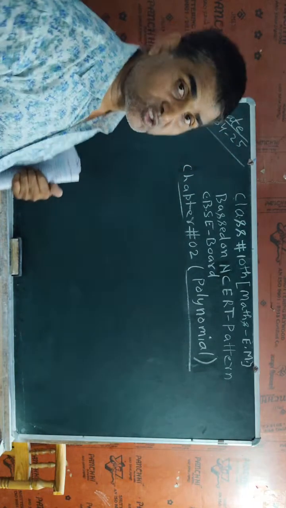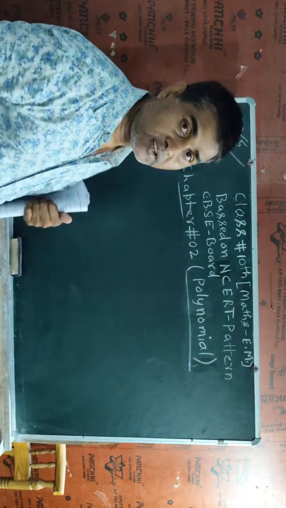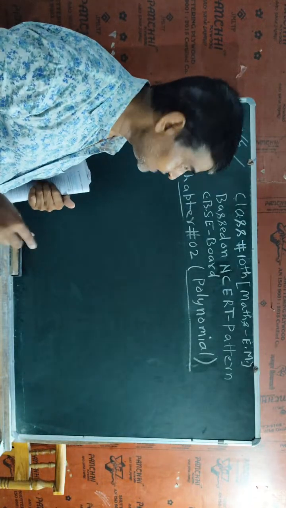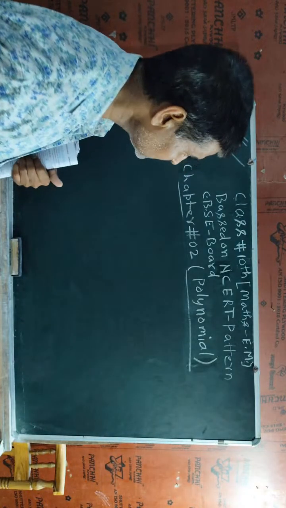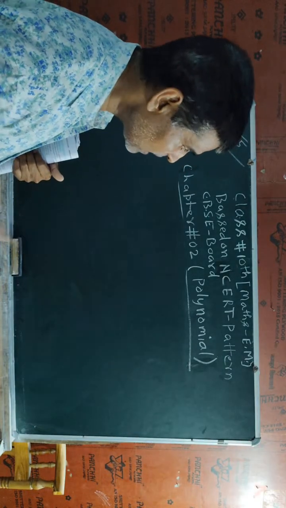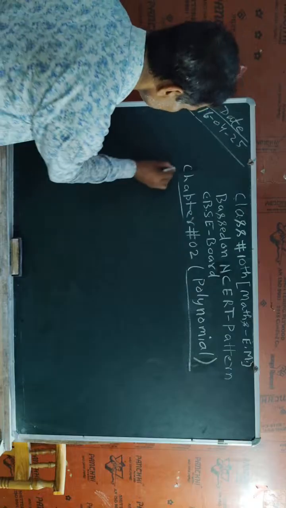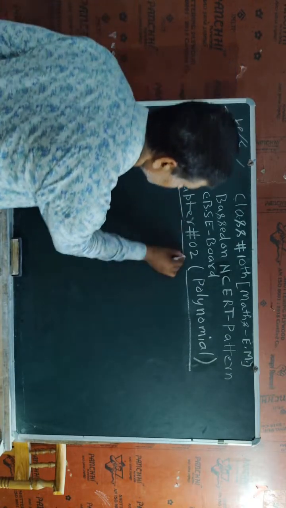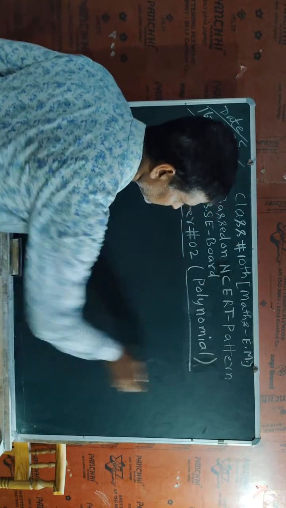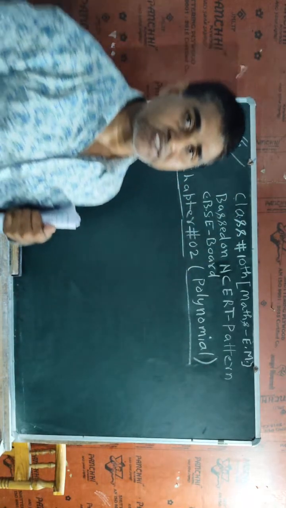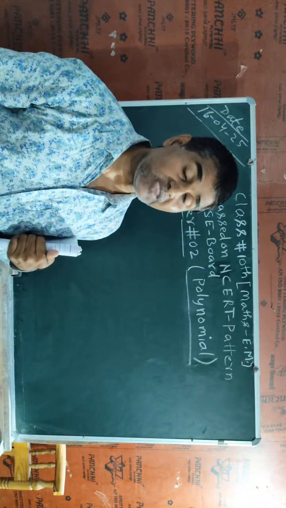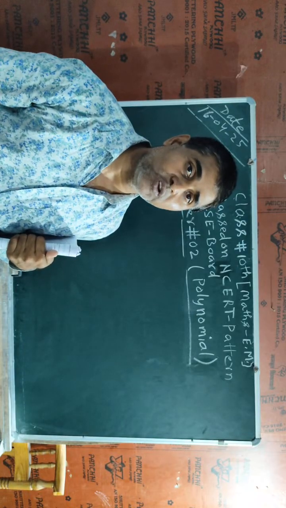If you solve these questions, you will learn this topic, so you can solve any book. Okay students, now I am going to explain the topic whose name is polynomials. Some concepts I have also explained in previous classes.